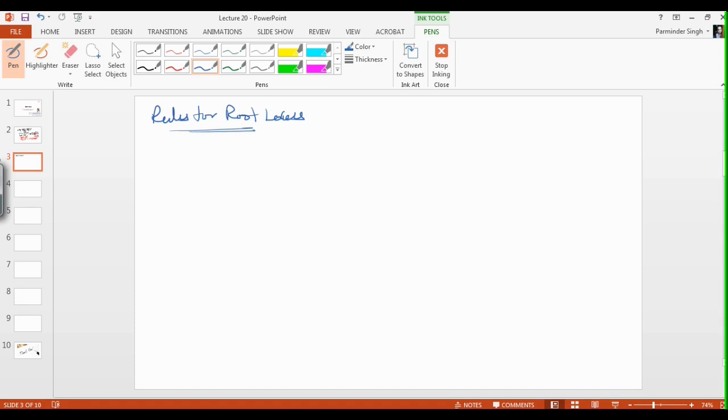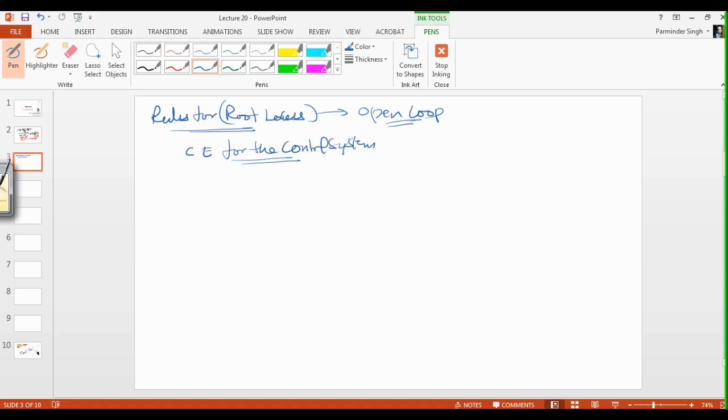So in the very first step, we're going to write the characteristic equation for the control system. For this, remember that the root locus is always plotted for the open loop system.